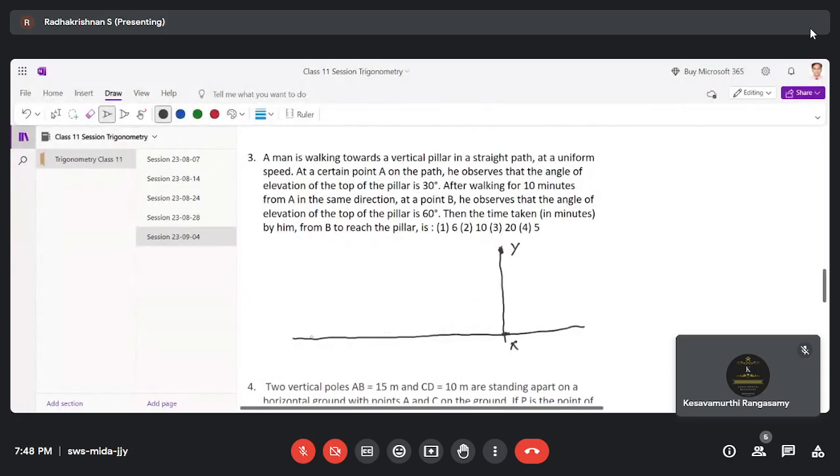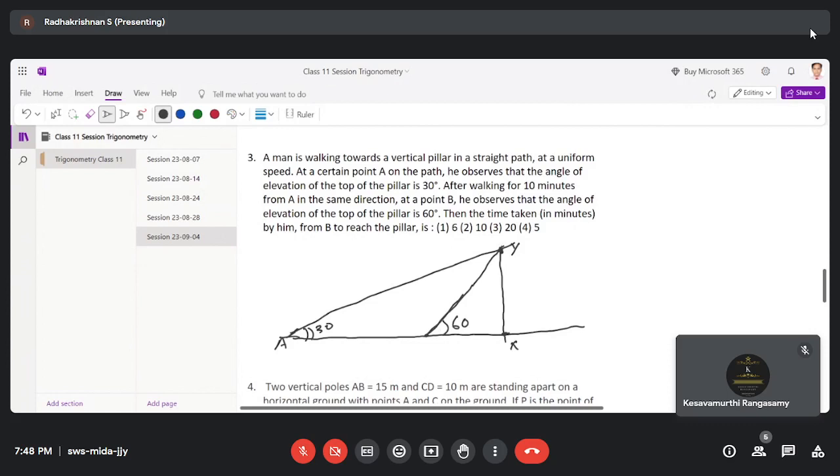At some point A, the angle of elevation of the top of the pillar is 30 degrees. For some time. Now he finds that the angle of elevation is 60 degrees.